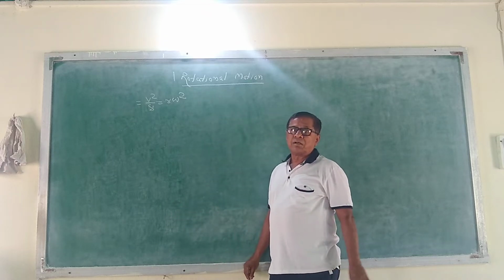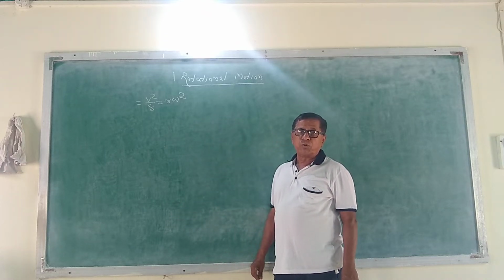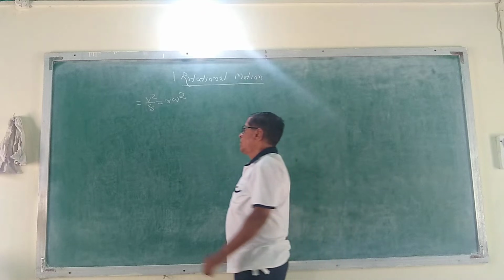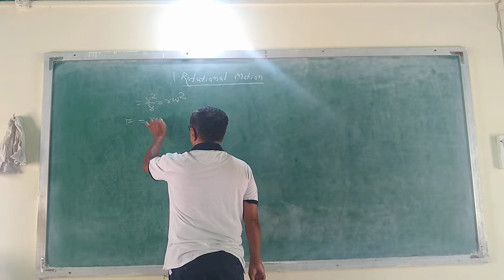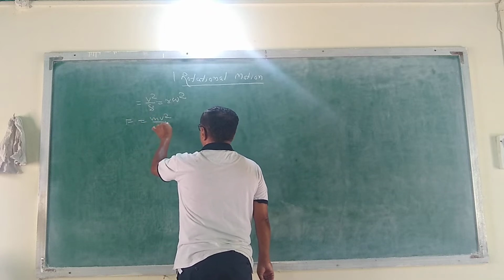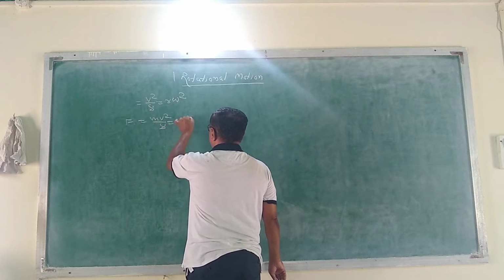From this, the required centripetal force is equal to mass into acceleration. Therefore, the centripetal force F is equal to mv square upon r, or mr omega square.